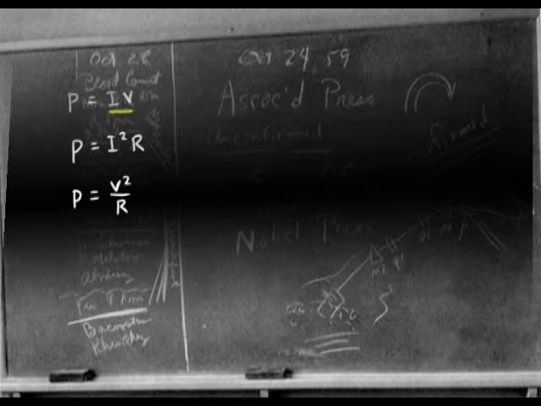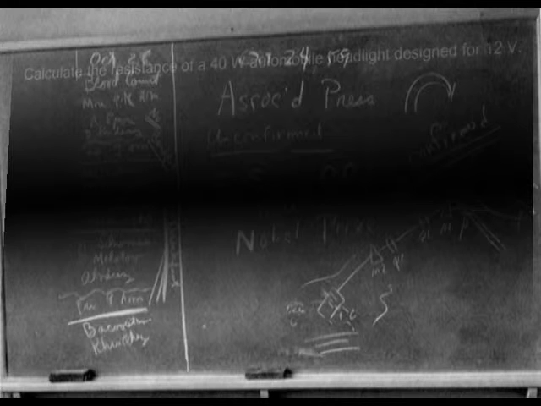If you're given the current and the voltage and you want to find the power, use this equation. If you're given the resistance and the voltage, use this equation. If you're given the resistance and the current, use this equation. So, as is typically the case, you think about what you know, and think about what equations that you know can apply in that situation.